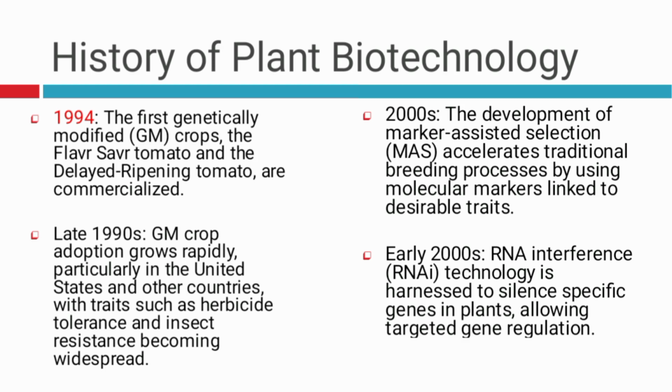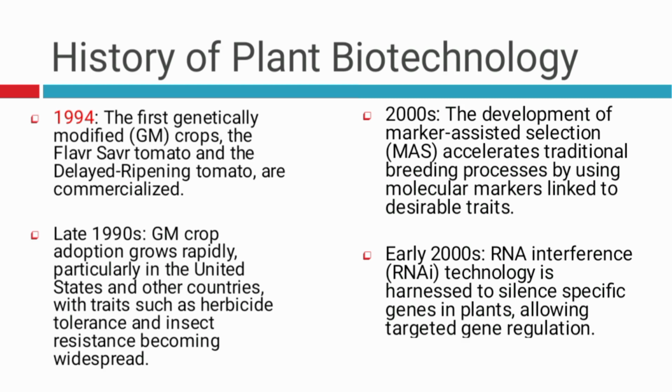But because of marker assisted selection, you can know the variety from the seed level. You don't have to plant it and wait for 15 years. You now say, this one is sweet, this one is big. Using marker assisted selection, you'll be able to differentiate from the seed level. And that technology started in the 2000s.